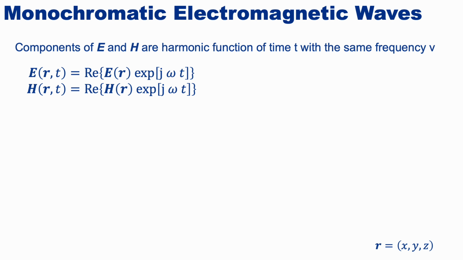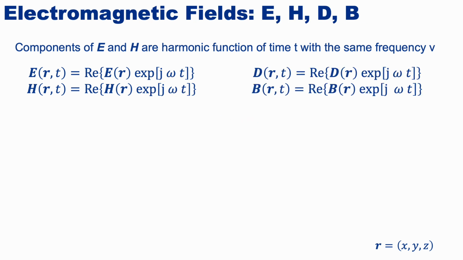That means the time dependence is expressed as a complex exponential, where omega is our angular frequency, which we can define as 2 pi times our frequency, right?